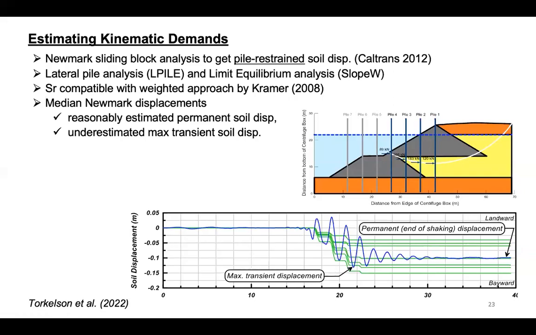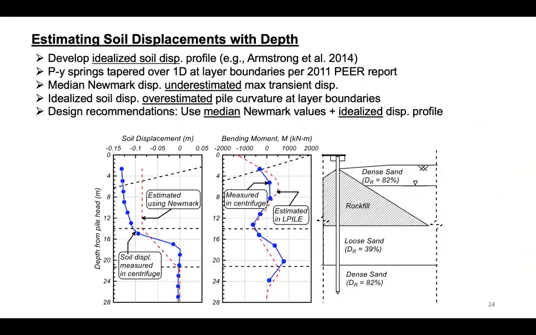However, in design, there are some factors that underestimate the displacement, but there are some factors that may overestimate it. And this is one of those cases where you have two issues canceling each other's effect. What you see here in red is the idealized soil displacement profile, where you get sharp transitions at layer boundaries. The displacement recorded in the centrifuge does not have those sharp transitions and has more curvature to it.